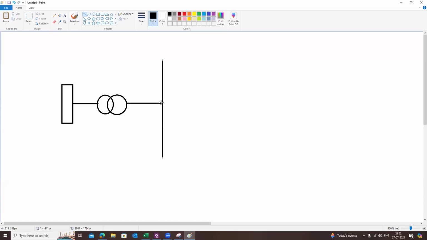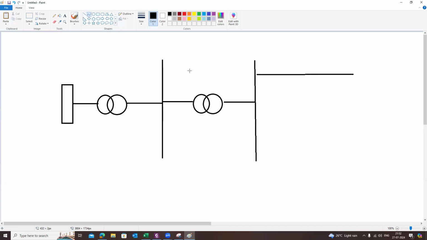And from here, I have a power transformer. Let's suppose this is a power transmission network, and here you have your switchgear. And from here, let's suppose two transmission lines are there, connected to some interstate transmission system.